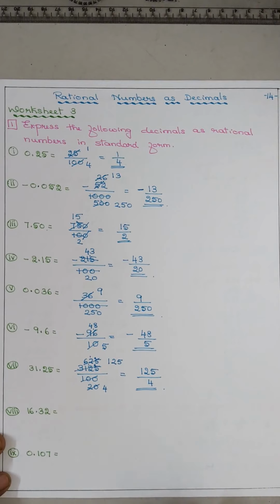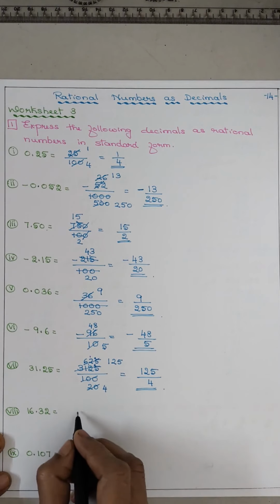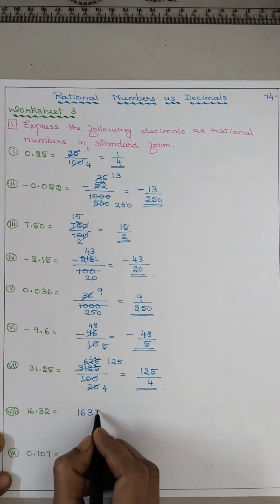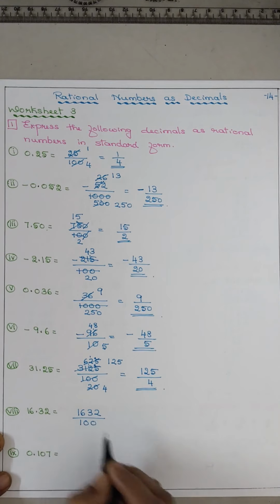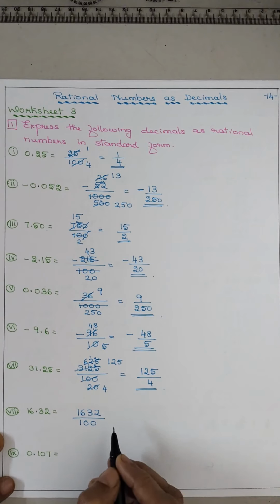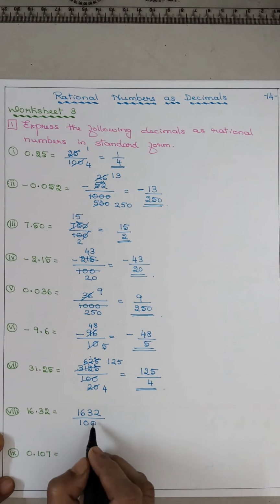Now the eighth sum, 16.32. 1632, 2 decimals, 2 zeros, that is 100. Now it is 2 5s.